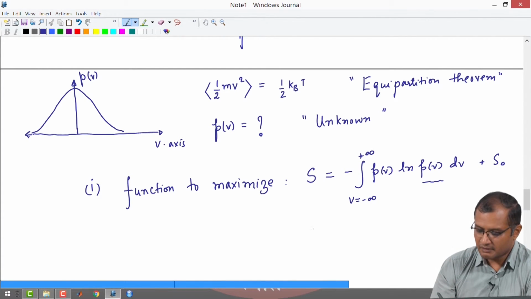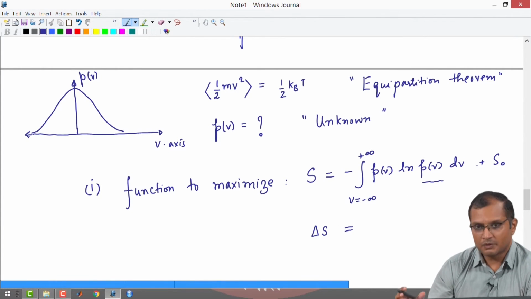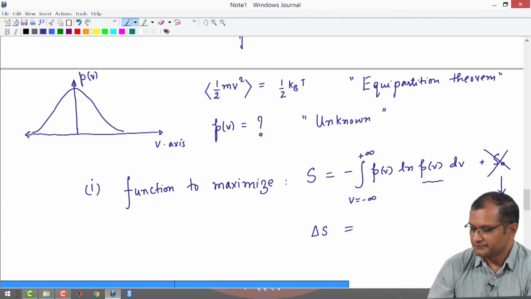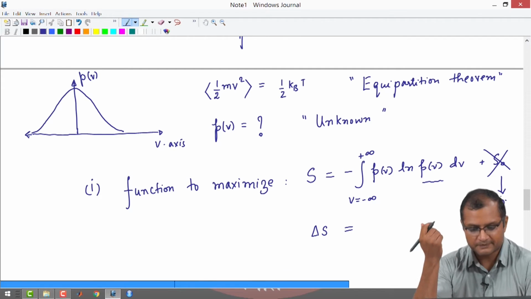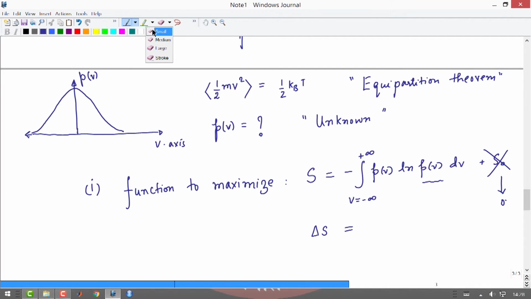So, for any practical purpose, when you take a delta S, this factor simply goes to 0 because it is just a constant. Okay. I am not writing it, but I am aware that this p(v) is non-dimensional. Okay.